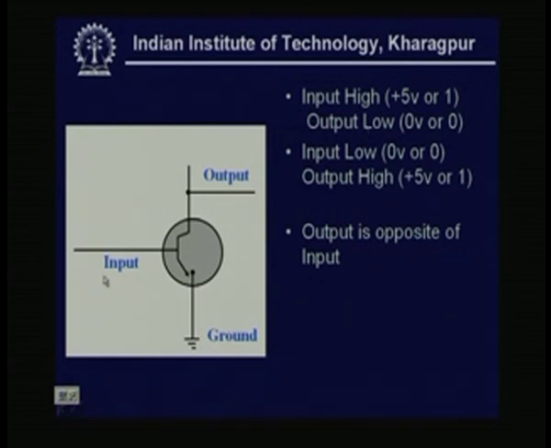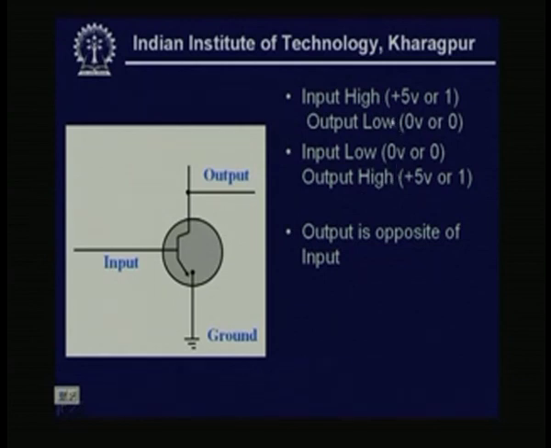If the input is high, meaning +5 volt, then the output will be low. Similarly, if the input is low, there is no connection, so the output will be the high +5 volt.